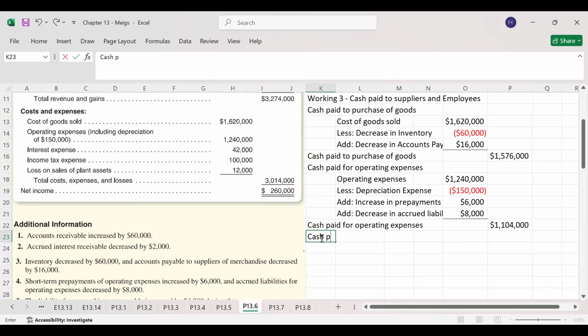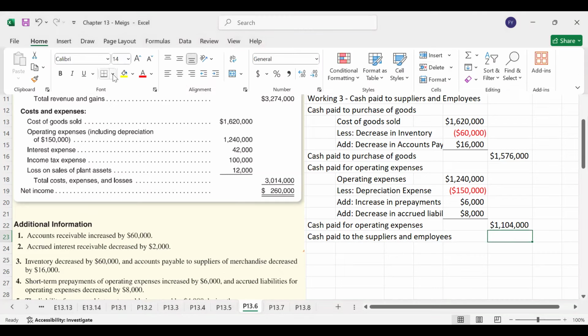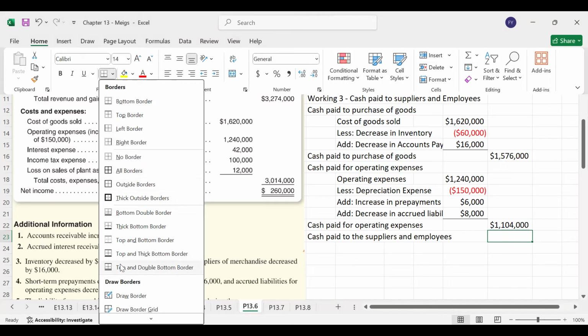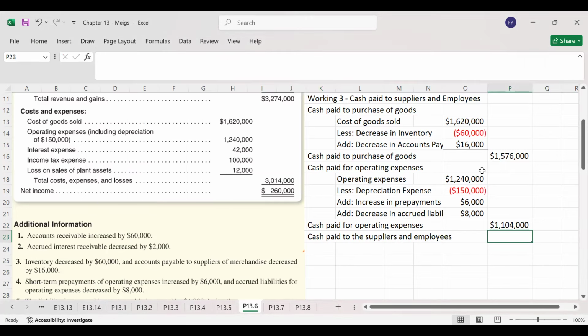So we have cash paid to the suppliers and employees, which is the total of these two: cash paid to purchases and cash paid for operating expenses.